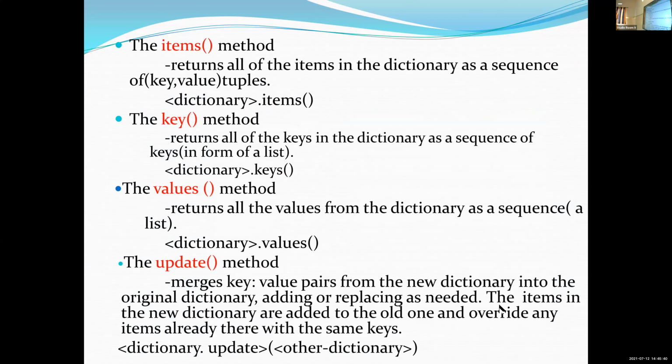It is the items method. Items method returns all of the items in the dictionary as a sequence of key value tuples. In the previous session we discussed how we can represent all the keys and also all the items.